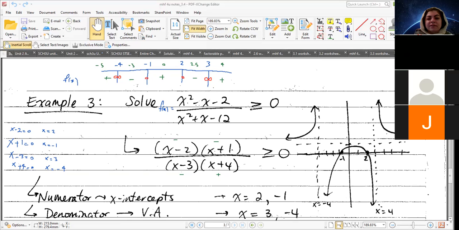Then you want to look at the area that is greater than or equal to 0, meaning the one that is positive. So this area and the area here. For the area here, x is less than -4. For the area between -1 and 2, x is between -1 and 2.